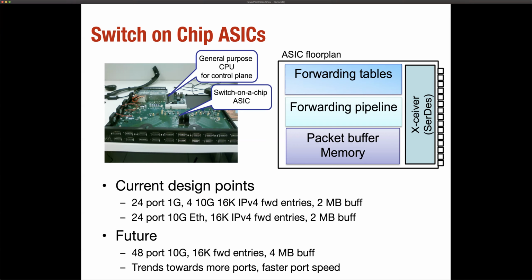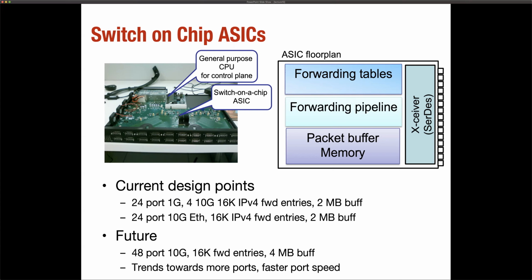The number of forwarding entries, unlike the conventional routers, is relatively low, because the decisions that these switches have to make are heavily localized. They don't have to keep the IP prefixes for the entire internet in their TCAMs. So they can work with smaller TCAMs and smaller packet buffers, which helps reduce the cost.